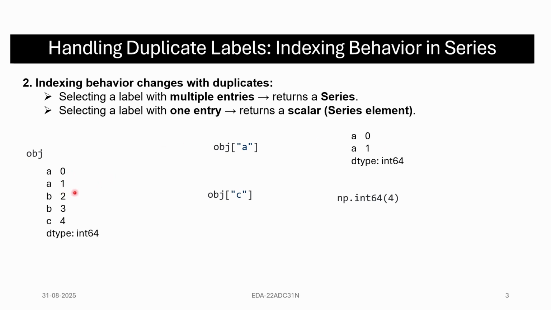Whereas the index C is not repeated and exists only once, so if you try to access the element by using obj of C, it returns a scalar value. That means if the index is repeated, it returns a series, and if the index is not repeated, it returns a scalar value.